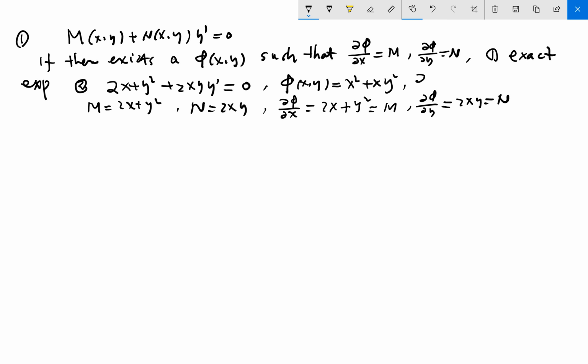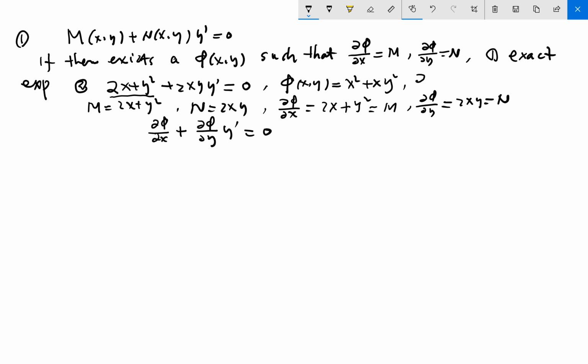Okay. For the exact equation, since partial phi partial x equals M, and the partial phi with respect to y gives you N, then equation 2 can be written like this. Because my M here can be written as partial phi with respect to x, and N here can be written as partial phi with respect to y, times y prime. So equation 2 can be written like this.